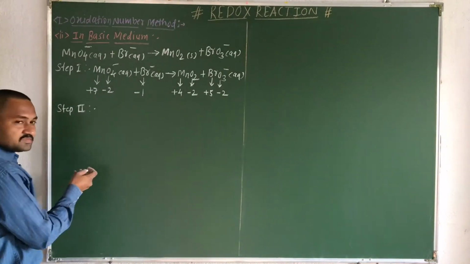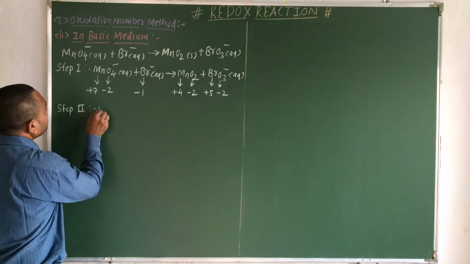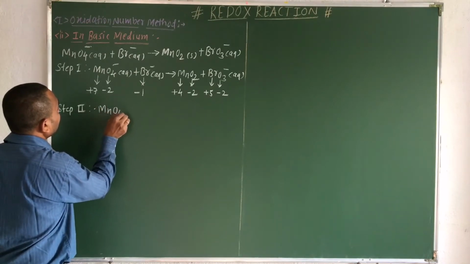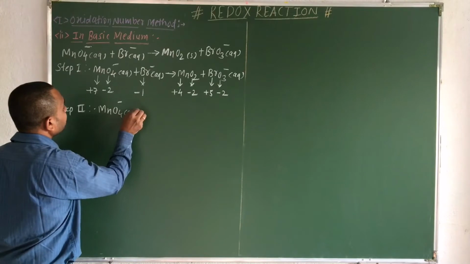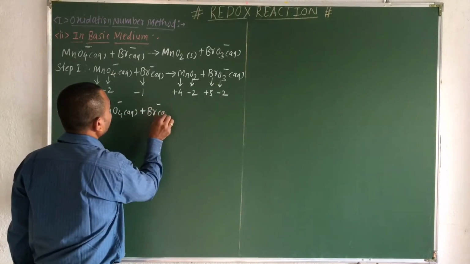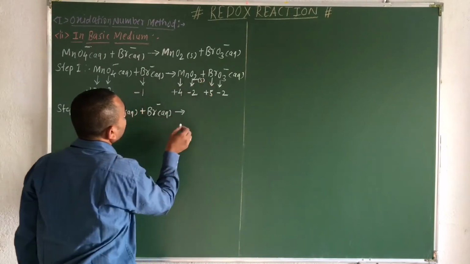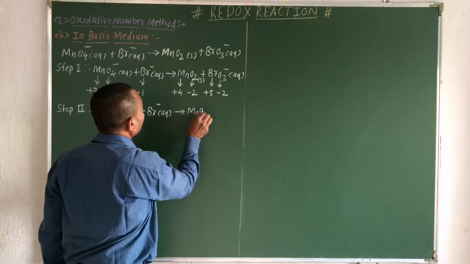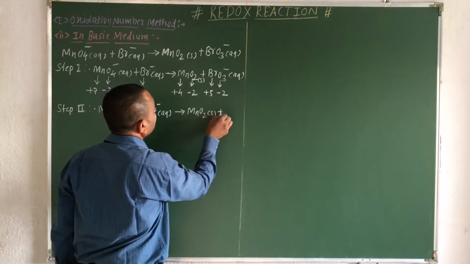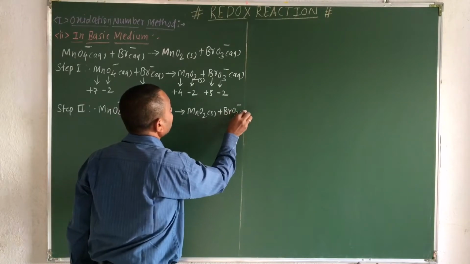So in step two we simply identify this. Write down again the same equation: MnO4 minus aqueous plus Br minus aqueous gives MnO2 solid plus BrO3 minus aqueous.